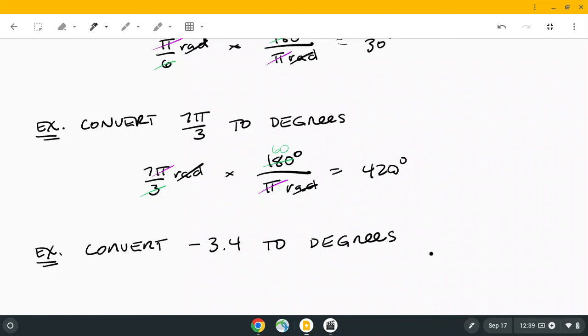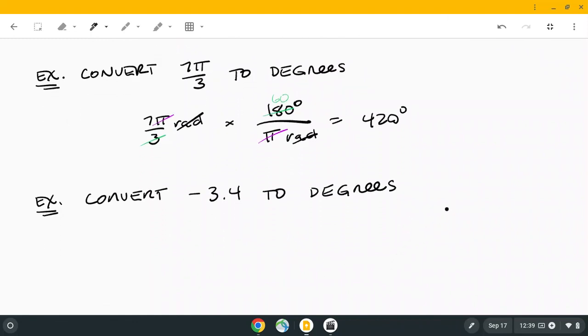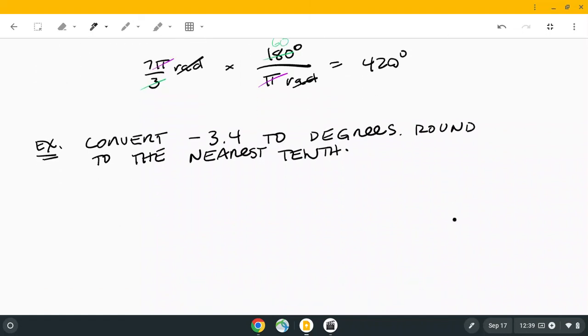But if you want to write radians after the negative 3.4, feel free. Round to the nearest tenth. All right, so go ahead and hit the pause button and come right back.